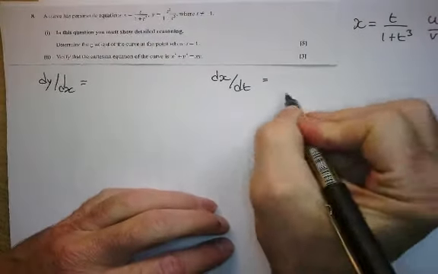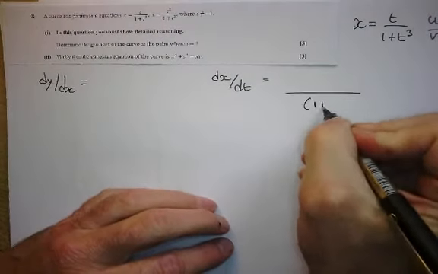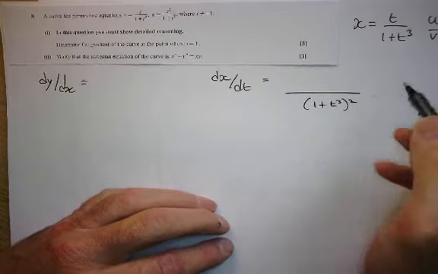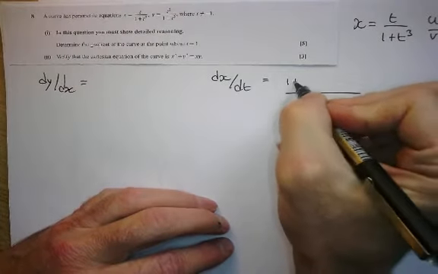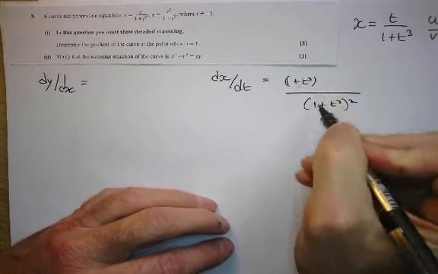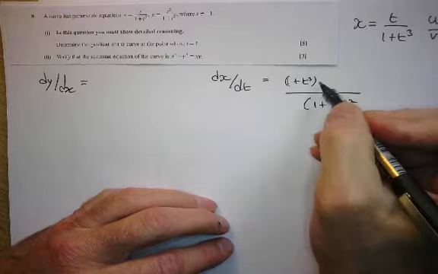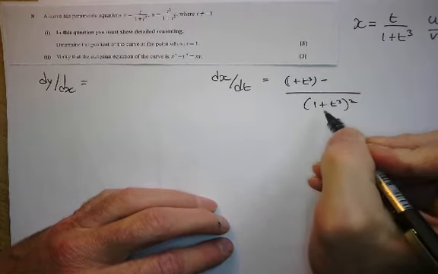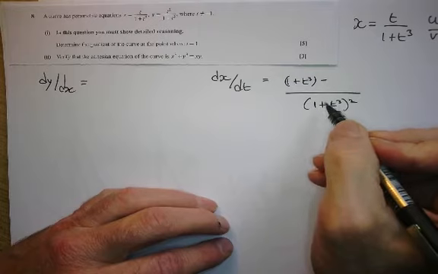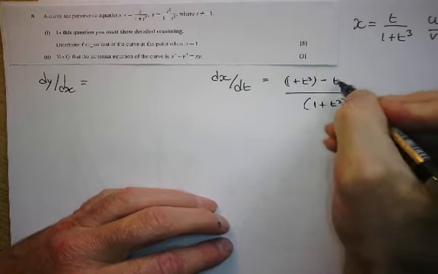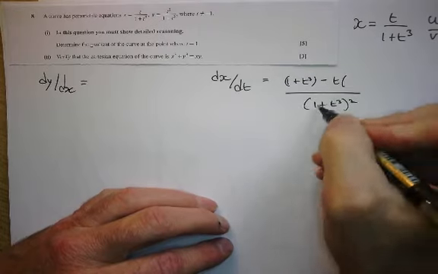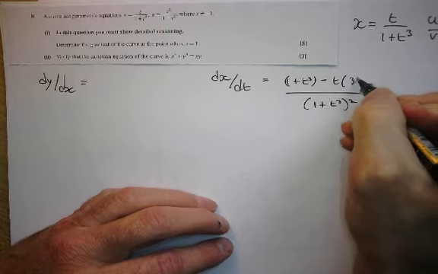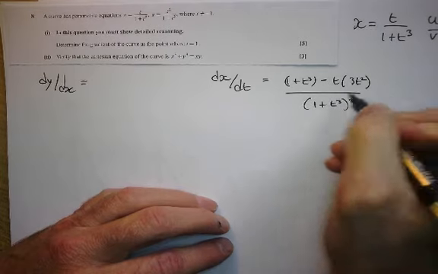So along the bottom I have v squared, and then it's the v at the top times the differential of t, which is 1, and then it is taking away, and that's why the order is important. I do my u, which is t, and then I differentiate that. That one becomes nothing, so it becomes 3t squared.